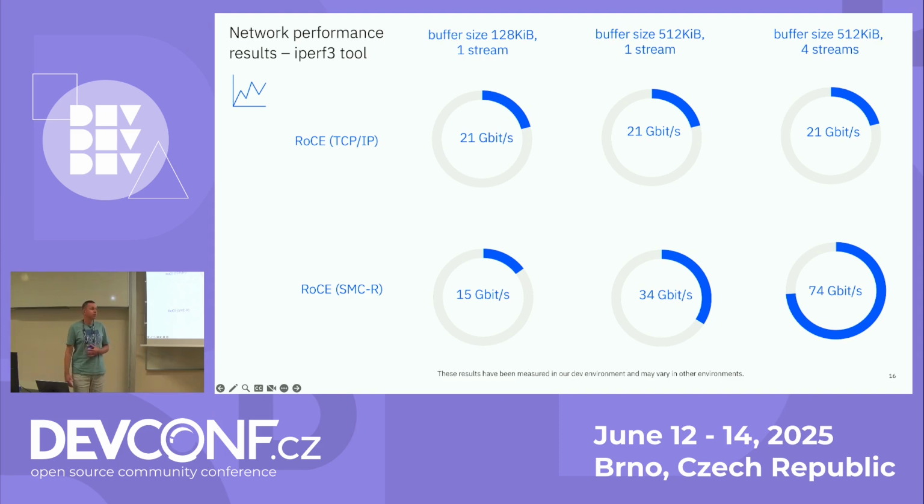So for TCP, in the last column I also used 4 streams and buffer size 512, and it did not have any impact on the performance, at least using the iPerf3 tool. And the performance improvement was only for SMC-R when I increased the number of streams and buffer size.